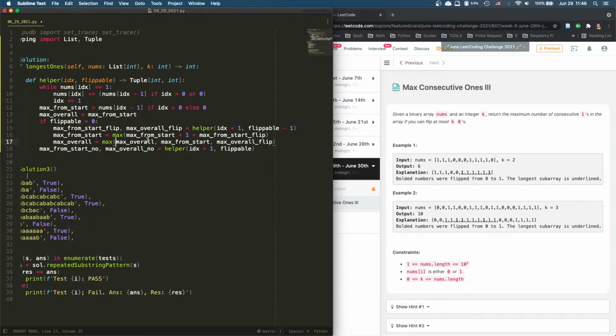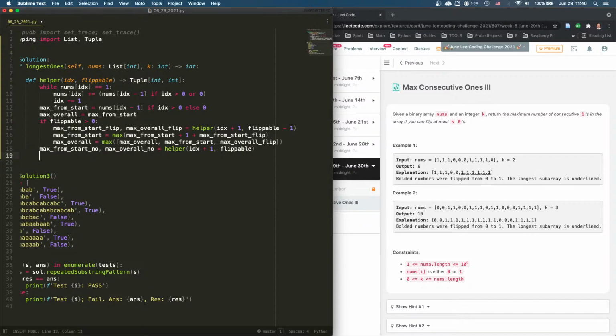So it's going to be 3, so I have to put them in this, right? So that's flip. Or if we don't flip, right?